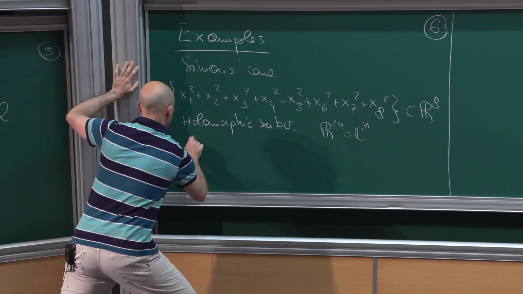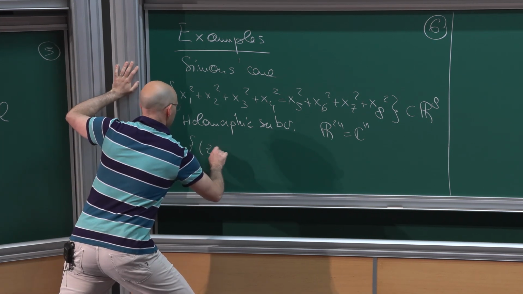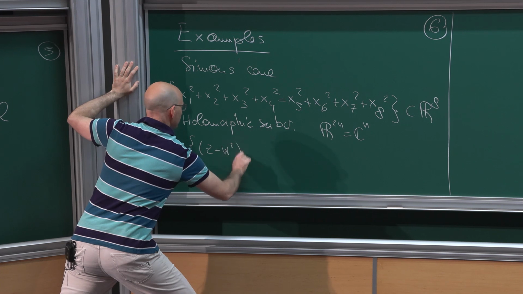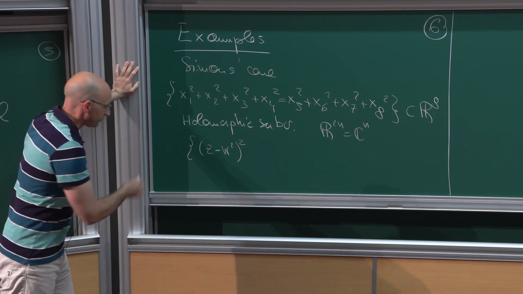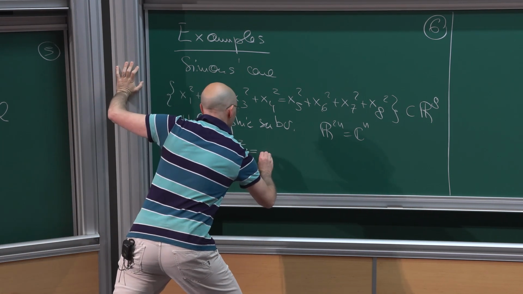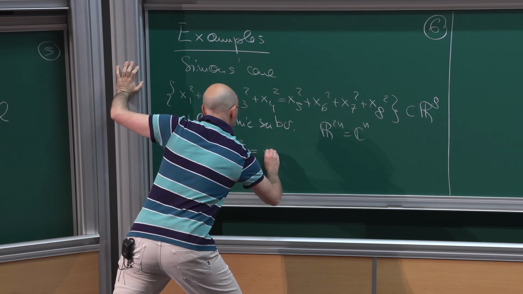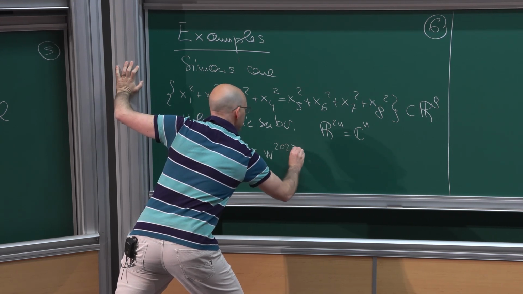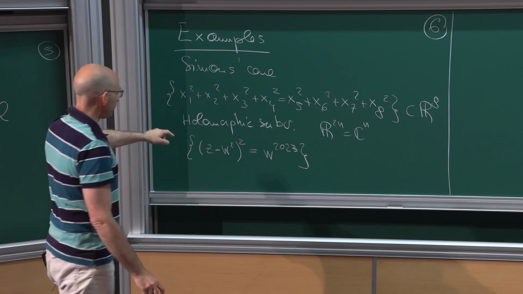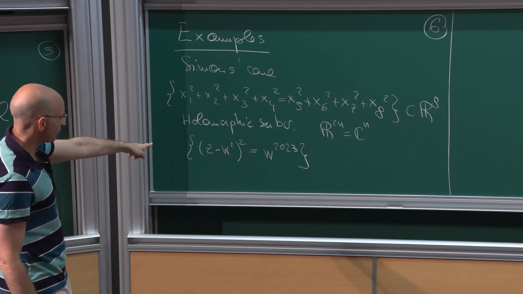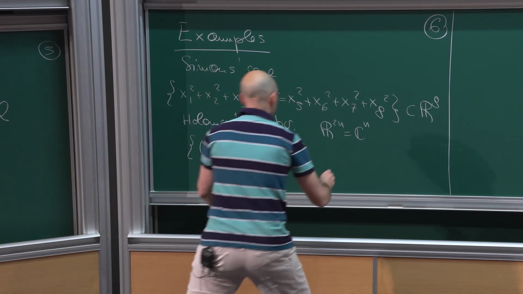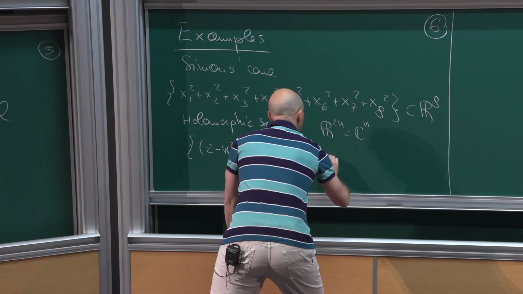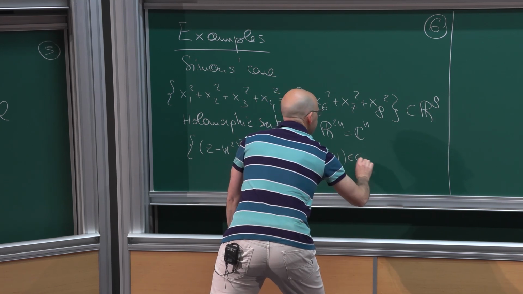So let me make one basic example, which is going to guide us for some other reason, and it's just the following simple algebraic subvariety. Okay? So this is a 2-dimensional surface in R4 when you understand z and w as 2 complex coordinates.